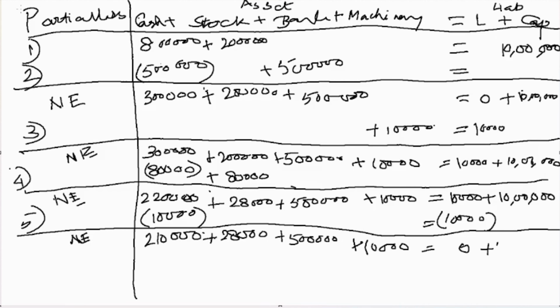So this is the new equation that we are having after 5 equations after adding 5 transactions.